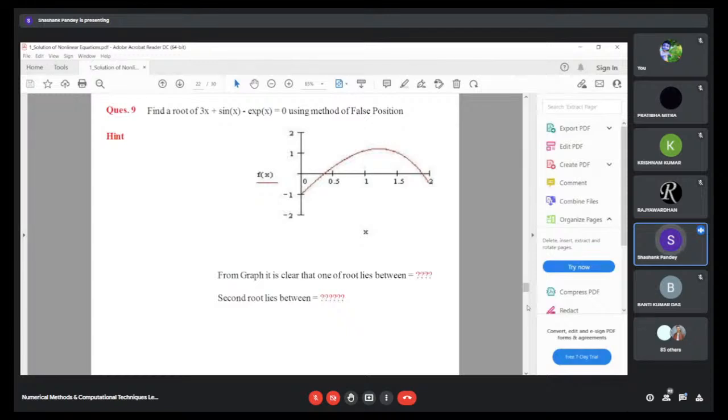This is sin x e raised to power, or you may say exp, exponential, using the false position method. So I have drawn a graph for you. Suppose that we are interested in finding the root between 0 and 0.5. Can you give the exact value of that root?